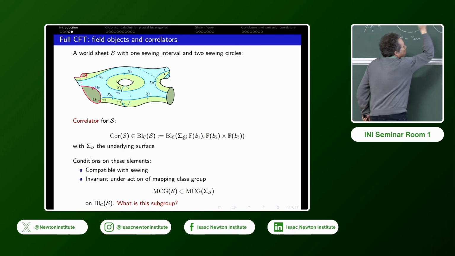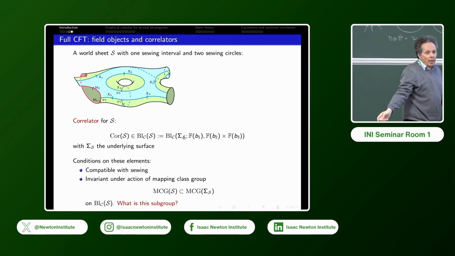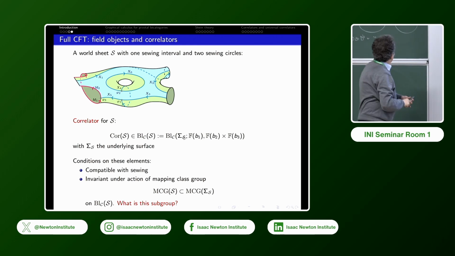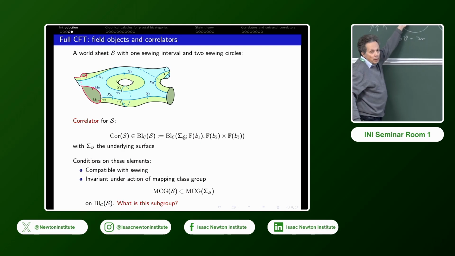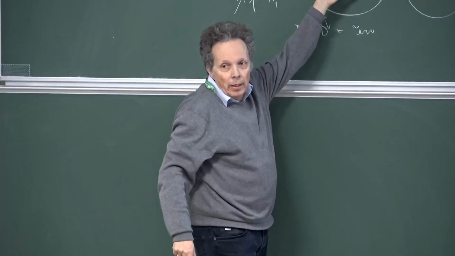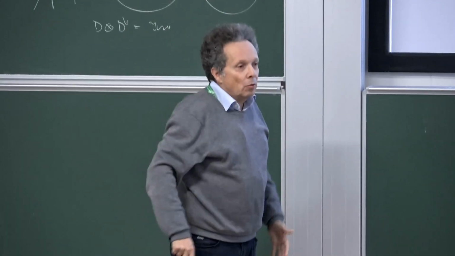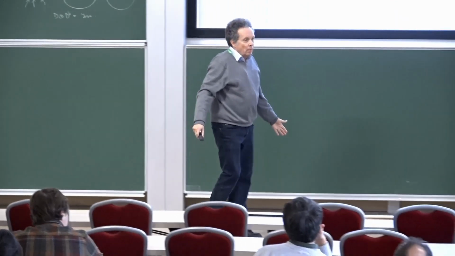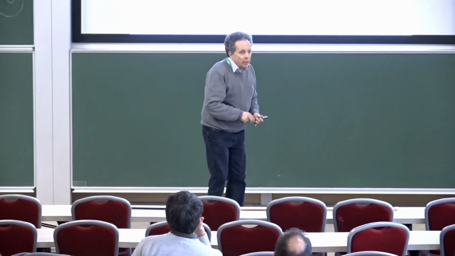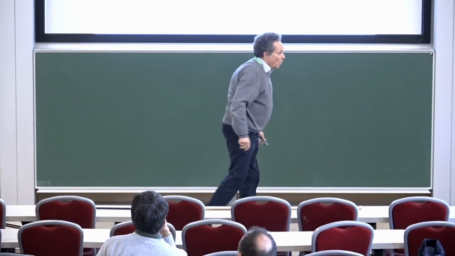So these two things should be the same. But if you look at this, here you think naively there's a Dehn twist, because you can turn the inner circle by 360 degrees. But you wouldn't expect a Dehn twist here. So is the Dehn twist in the mapping class group or not? So what is the mapping class group of a worldsheet with defects? This is one of the questions I want to answer.